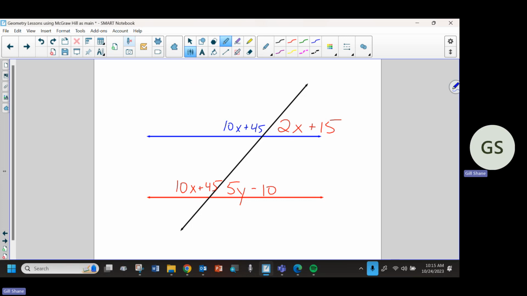These two are corresponding, which means they're equal. But the problem is setting them equal doesn't do me any good because I'd have two variables in that equation. I can't solve. I actually have enough right now to solve. I'll just tell you the one I would have jumped to, maybe 2x plus 15 there.